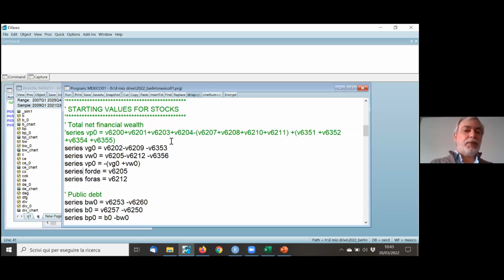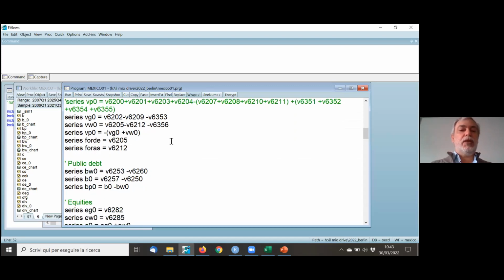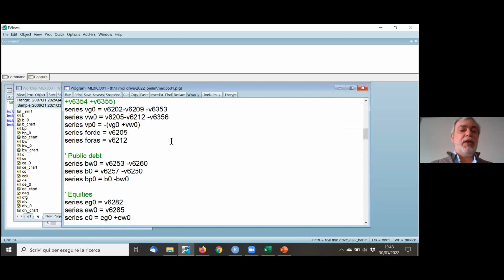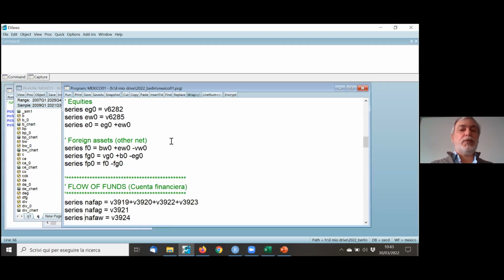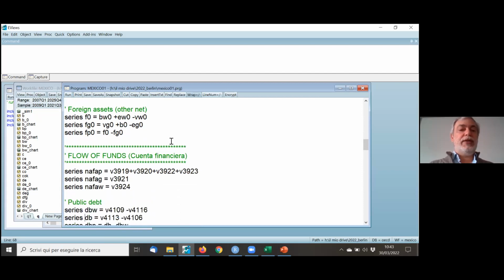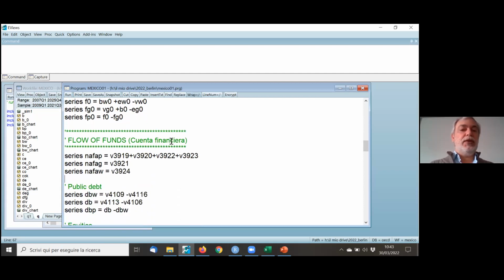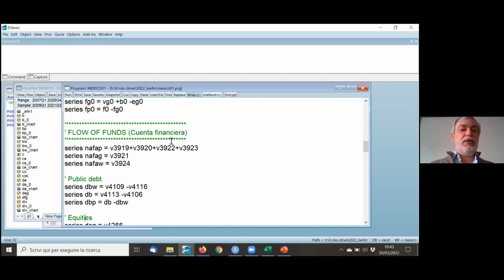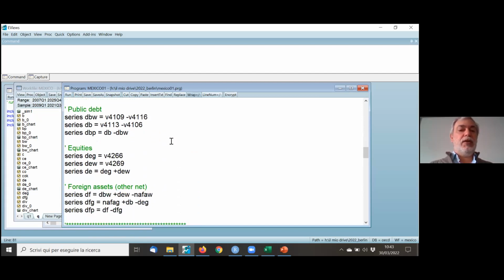And now we want to look at this as they're published, but we want to also accumulate them in our system here. And here we were using our consistency requirements to obtain the net assets of foreigners, but now we can use the data.